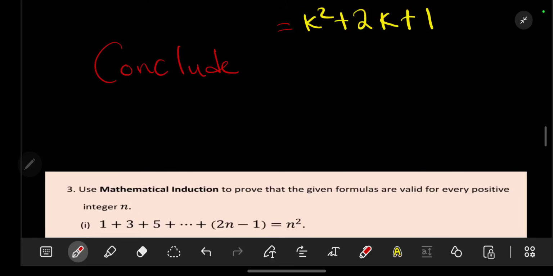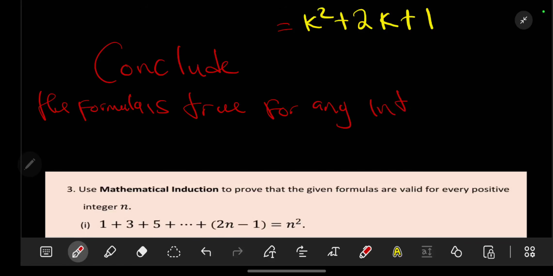So we can conclude that the formula is true for any integer n, like that. So that's the conclusion. Let's look at our next problem.